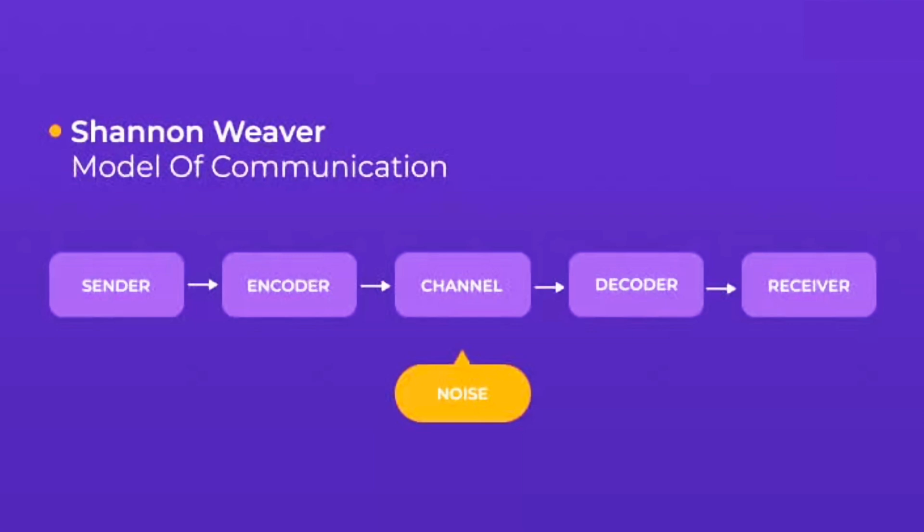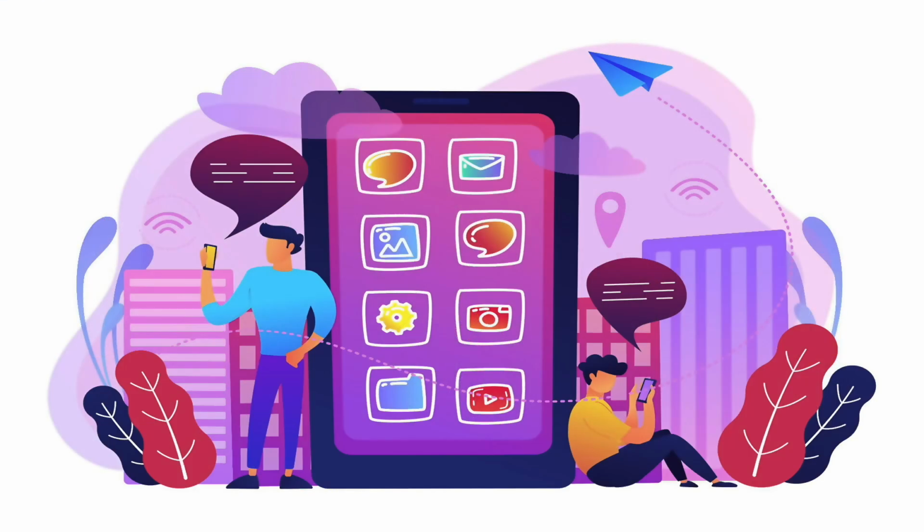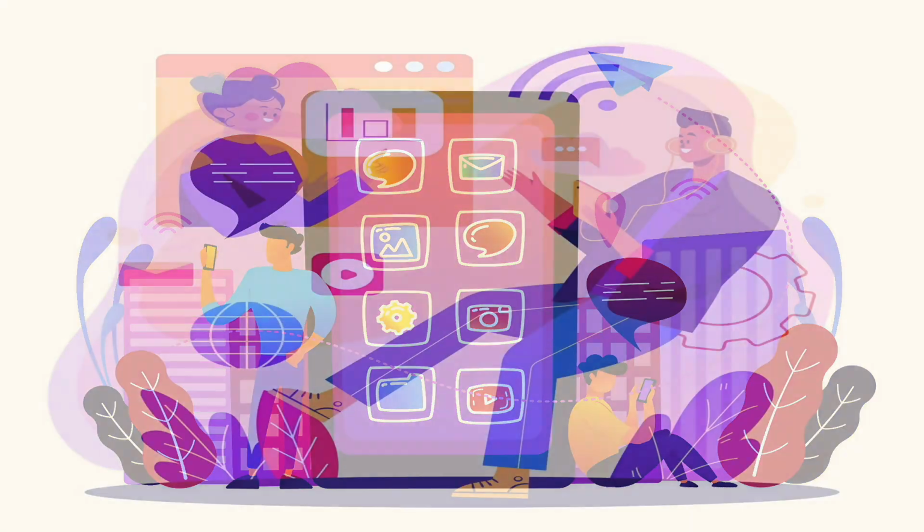While the Shannon and Weaver model provides a foundational understanding of communication, it is essential to recognize that communication in the digital era often involves more complex interaction and feedback-driven processes. Models like the transactional model offer more nuanced perspectives on the dynamics of digital communication.